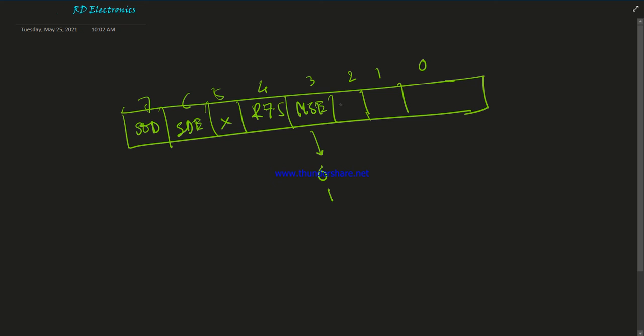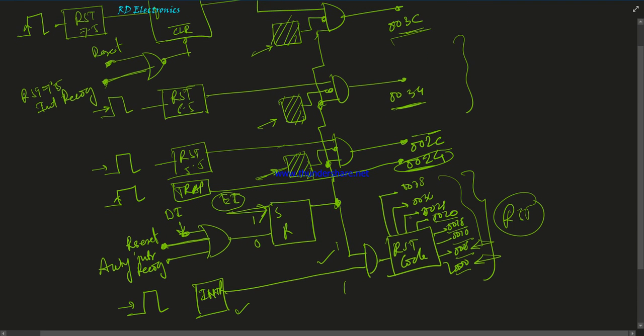So now the individual pin function: this is called mask 7.5, this is called mask 6.5, this is called mask 5.5. This is M7.5, this is M6.5, and this is M5.5.